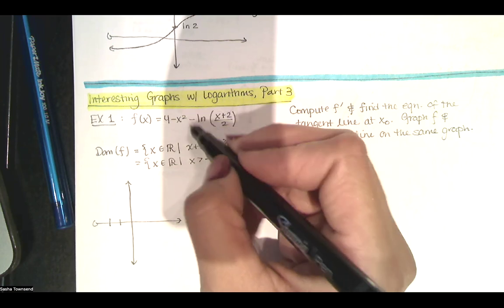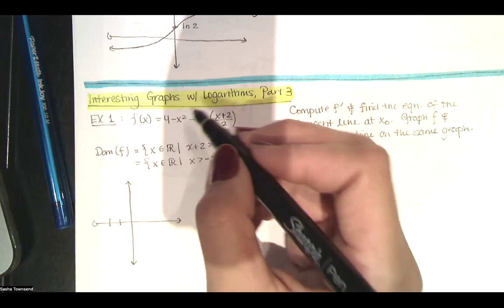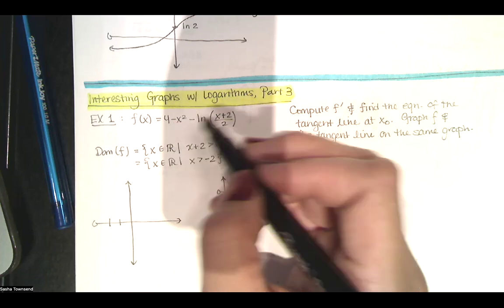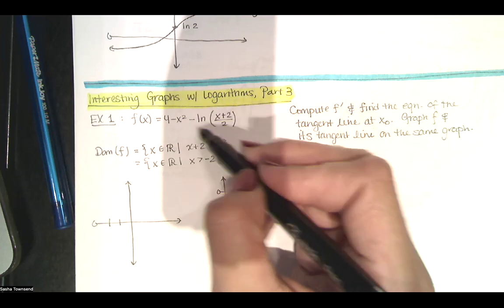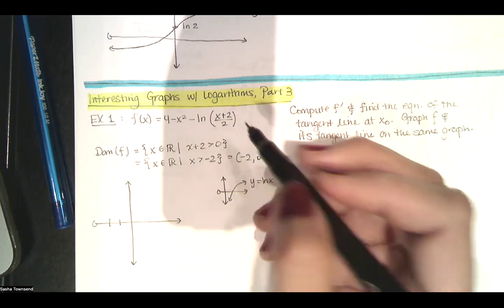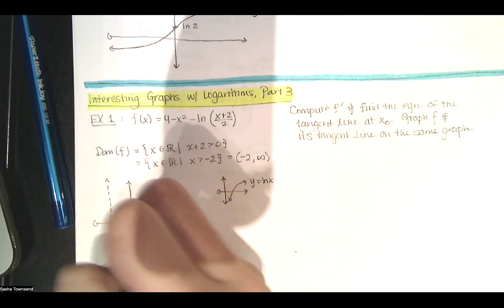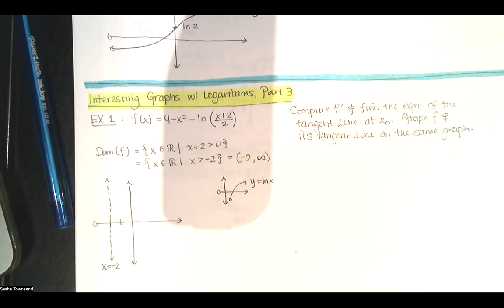So we're going to have some number going to positive infinity, now minus a number going to positive infinity plus 4. I'm not really sure if the function is going to go to positive infinity or negative infinity. I guess it depends on which one wins in the war, where this one goes to positive infinity and that one goes to negative infinity. But we would expect a vertical asymptote at x equals negative 2 if the function does go to infinity there.